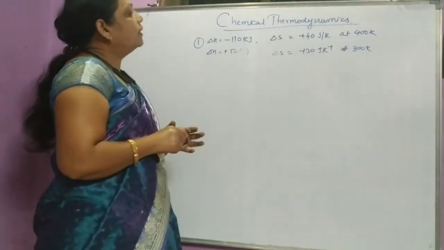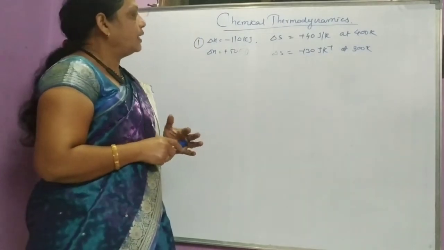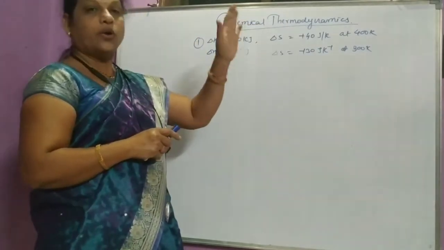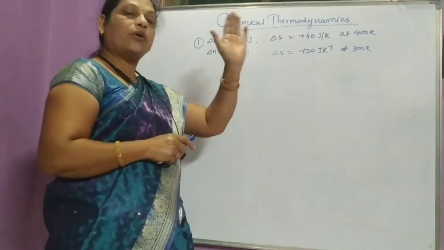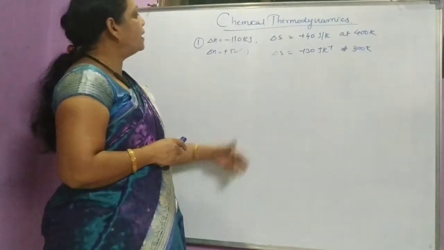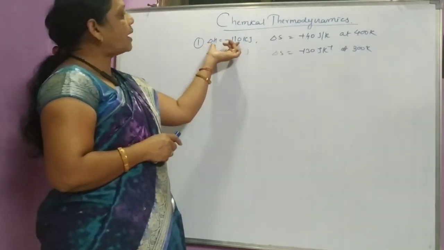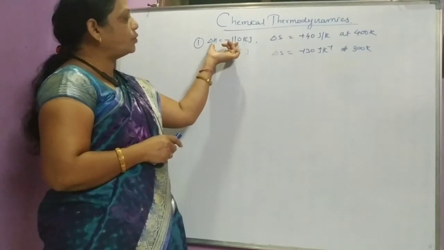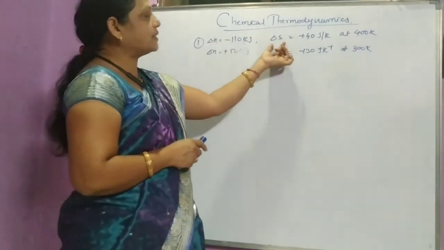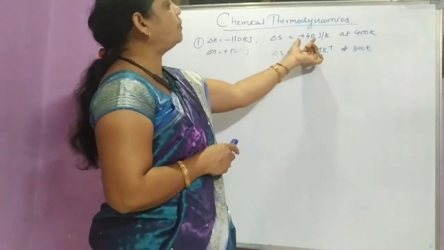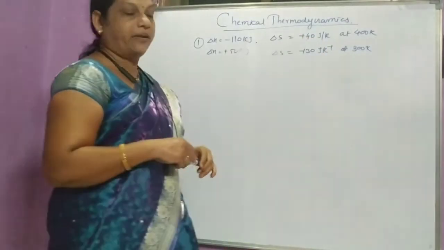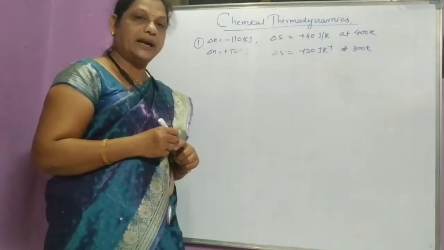State whether the given reaction is spontaneous or not, and exothermic or endothermic, if del H is equal to minus 110 kilojoule and del S, the change in entropy, is equal to plus 40 joule per Kelvin at temperature 400 Kelvin.